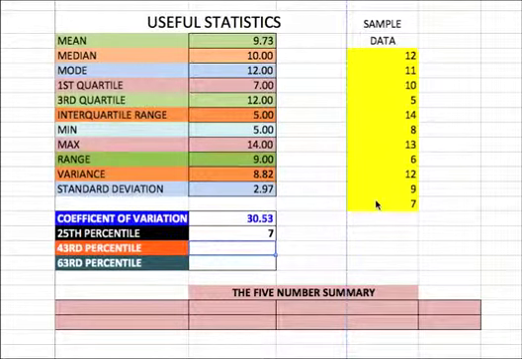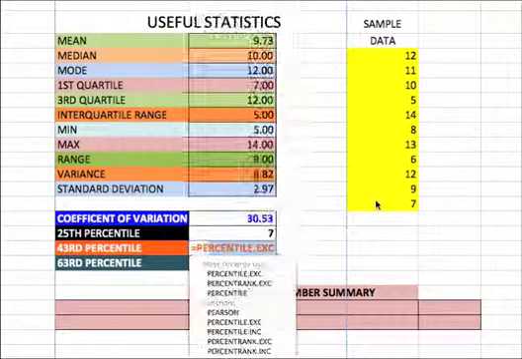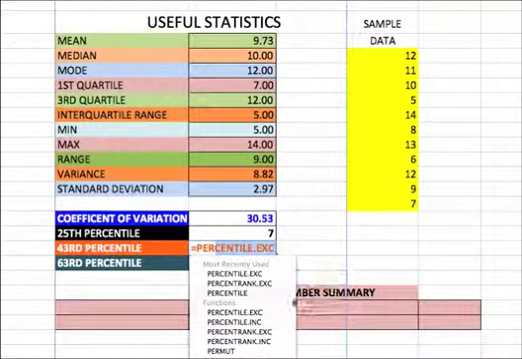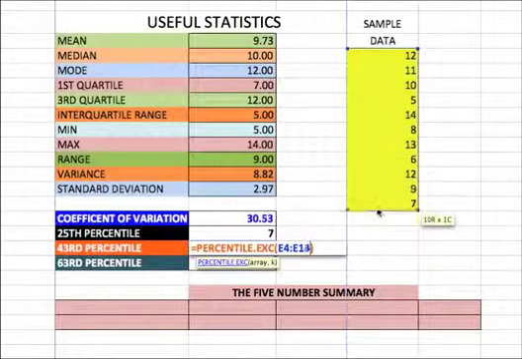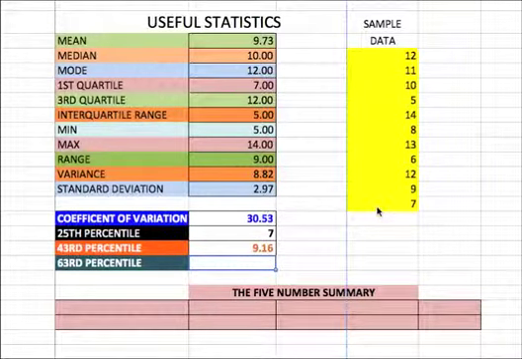For the 43rd percentile, and sometimes you need odd percentiles, we would use the same function. So we would start entering percentile, and again we would use percentile exc. We would highlight the data, put in the comma, and enter 0.43 to produce 9.16 as the 43rd percentile.